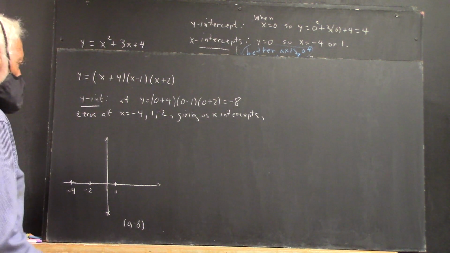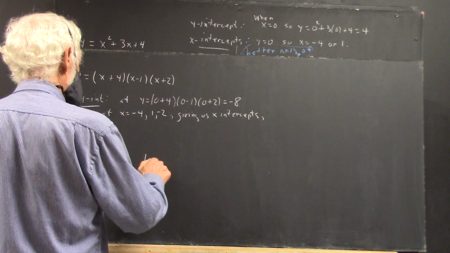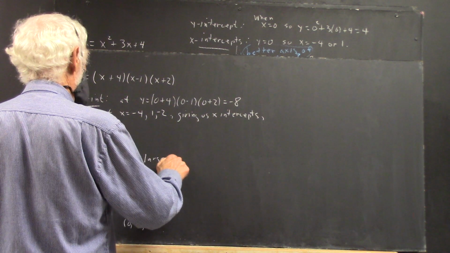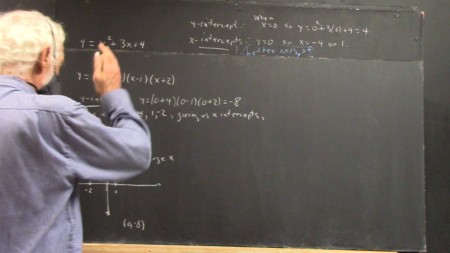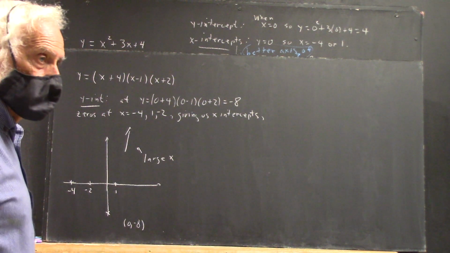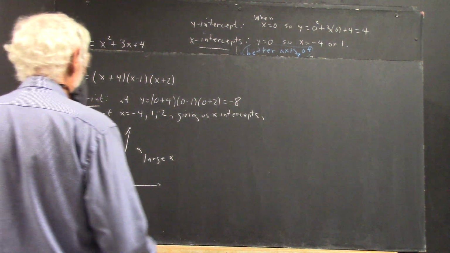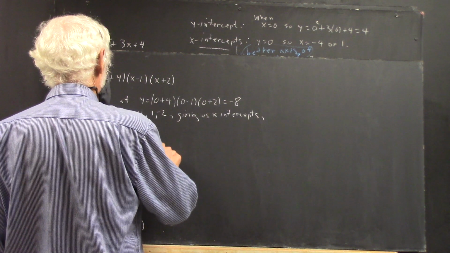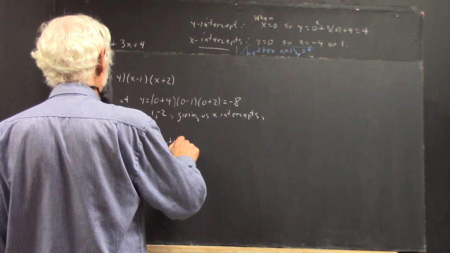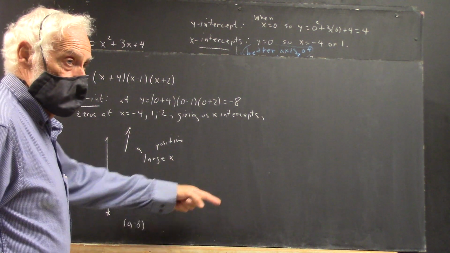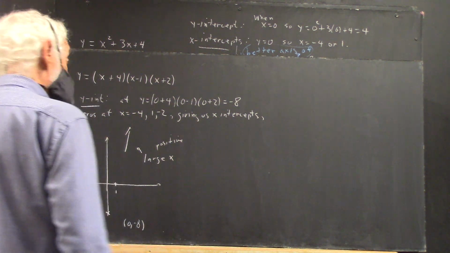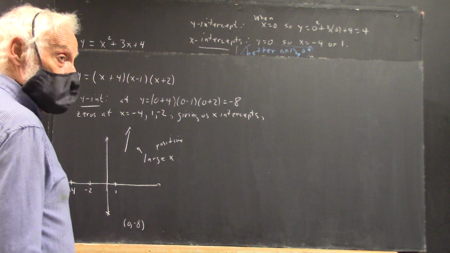Well, this means that for large x, the graph is just going to go up here and get really steep. Because you get large positive values of x if you go this way. If you got a large negative value of x, that means you're going this way.